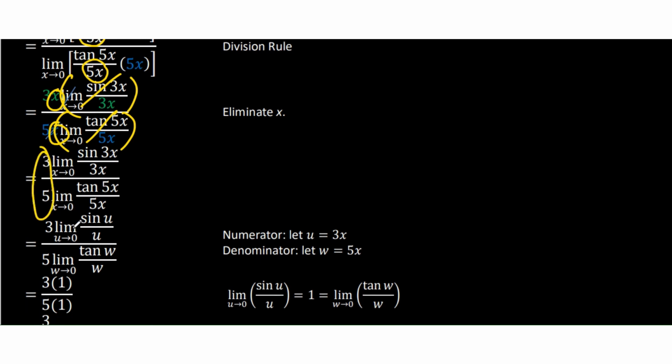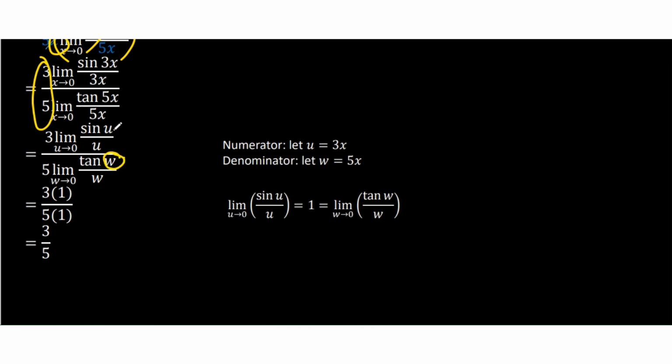Okay? And sine u, tangent w, do not be confused by this, those are just representations. We cannot use u at the same time, because 3x and 5x are not the same. Okay? So we need to have another representation that is w, but it has no big effect on the process.